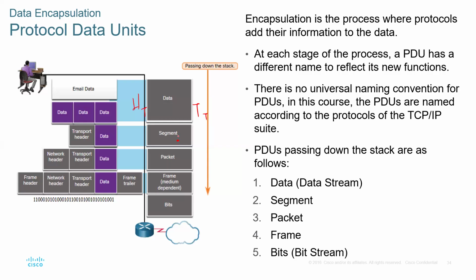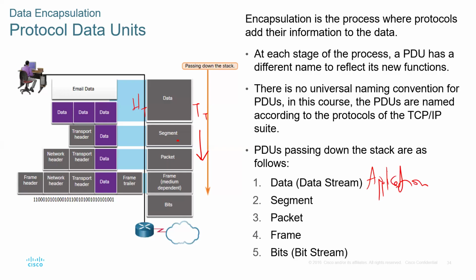Then going down to layer number 3, we add headers and trailers of layer 3, which contain the IP addressing information. Now the PDU is called a packet. Going down, we add MAC addressing information, and it is called a frame. That frame is then converted into bits, the digital information we can use to transmit our signal.